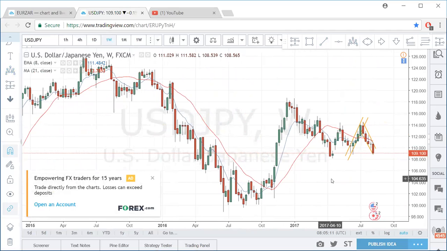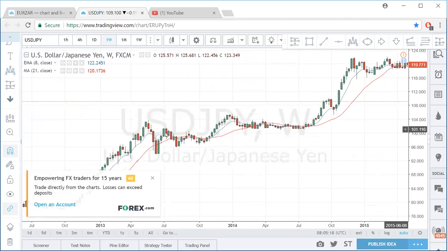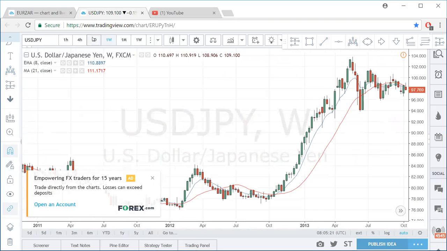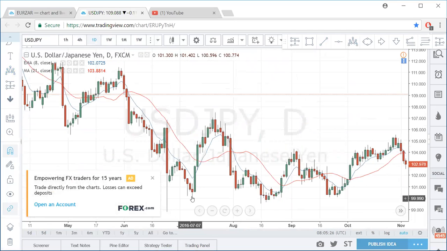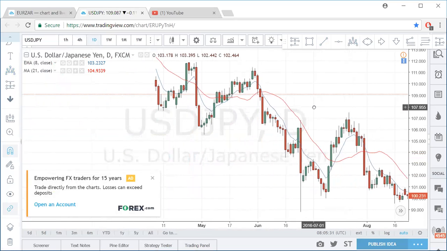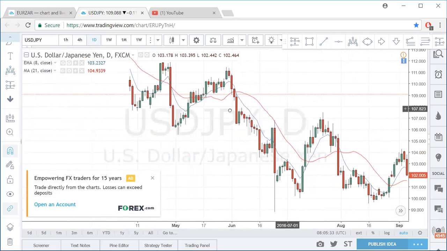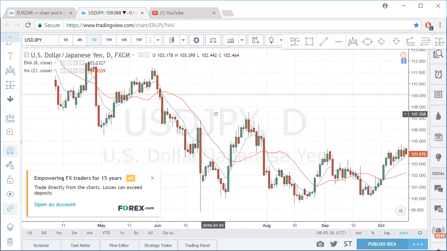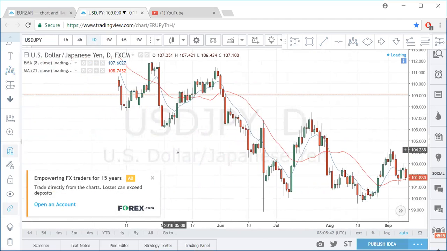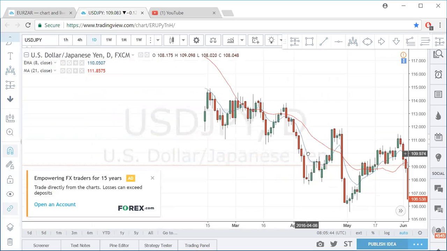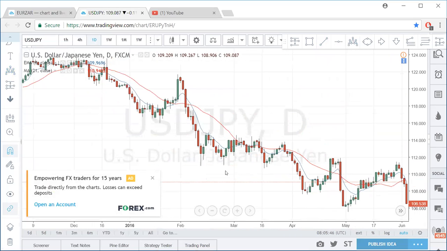Let me see. And that's a head and shoulder. Let me go to a daily time frame and see if you can find some. Okay, I still can't find some here, but I would continue with the explanation. So if we do find some, I would explain.